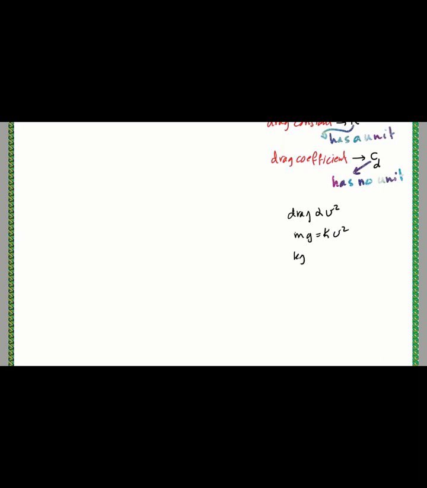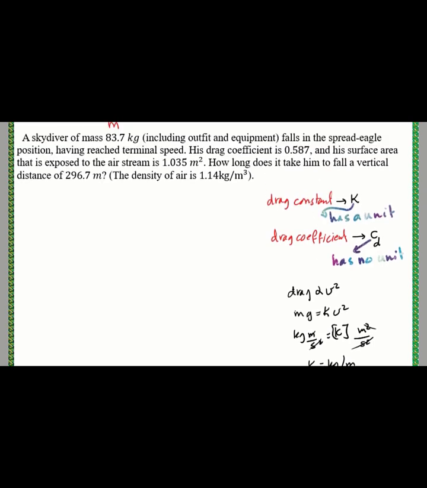Here we have kilogram meter per second square, here we have k meter squared per second square. Cancel these. So the unit of k for this situation is kilogram per meter. But it may differ from situation to situation as drag force. So to distinguish between them in the question, K has a unit, CD has no unit.